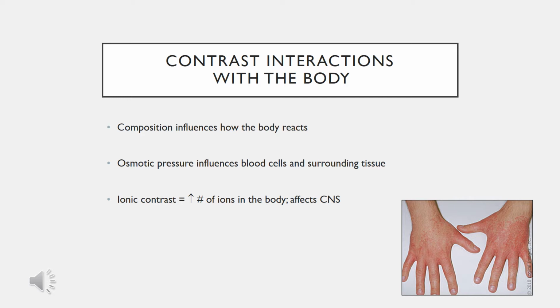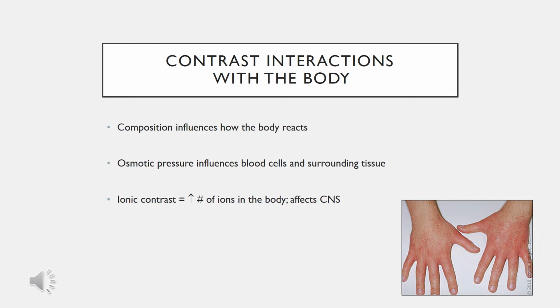Ionic contrast, that is the contrast that undergoes ionization when introduced into the body, also affects toxicity. The increased number of charged ions can affect the central nervous system. This would cause a more severe reaction to the contrast media, like seizures or cardiac issues.